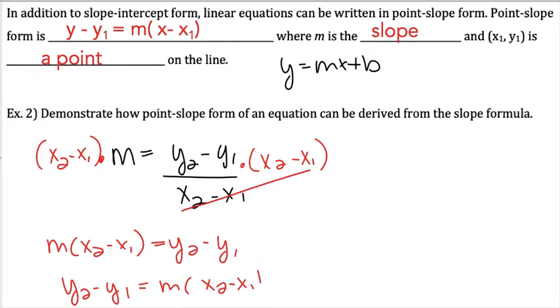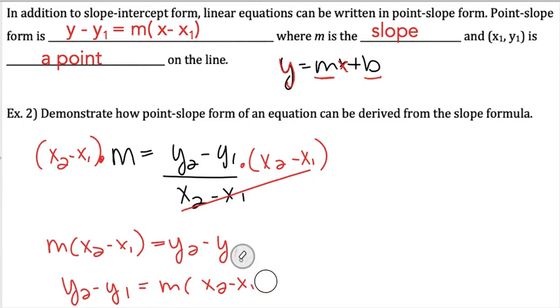Now, as far as our equation, let's think back to y equals mx plus b. This y and x, they never changed. You were always changing the slope and the y-intercept. That's what's happening here in this equation.